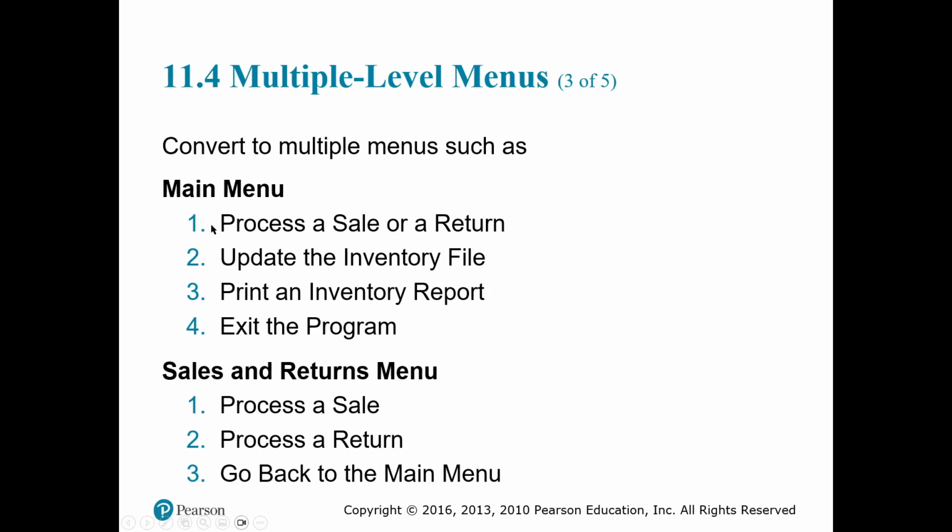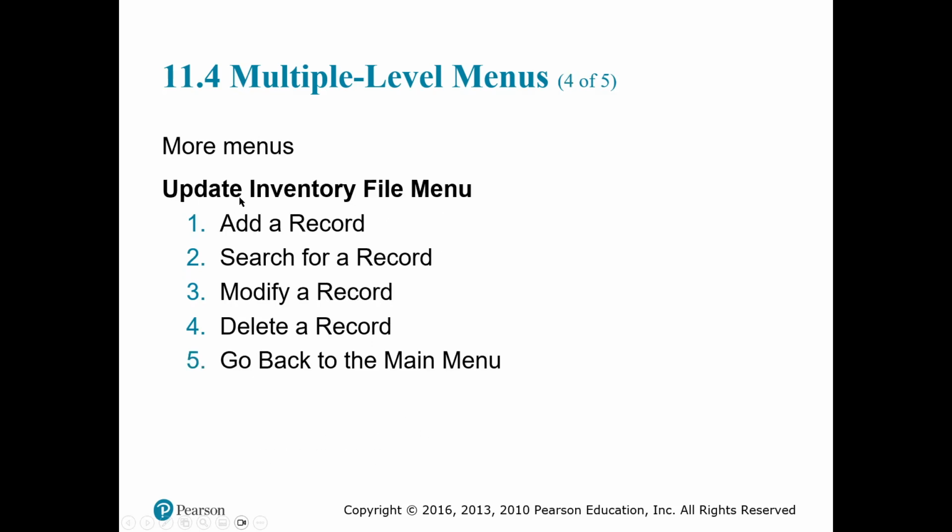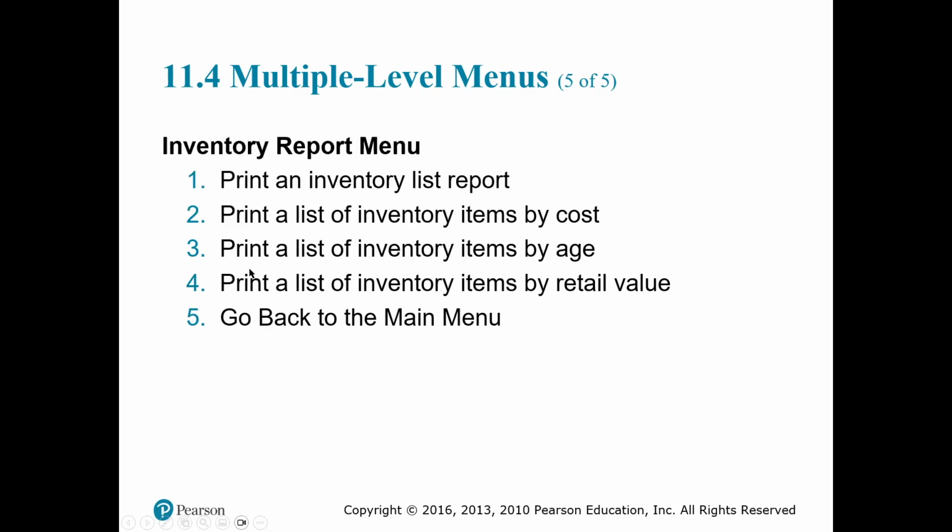After they read this, they can pick whatever option works for them, and then they will be taken to the menu that they picked, a submenu. As you can see here, we have a submenu of sales and returns, so you can process a sale, process a return, or go back to the main menu. And then we have the update inventory file menu, and we have the inventory report menu.